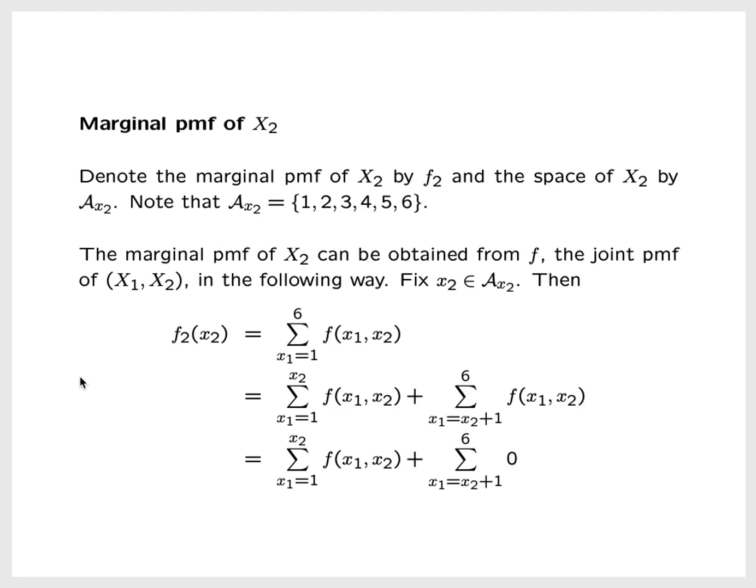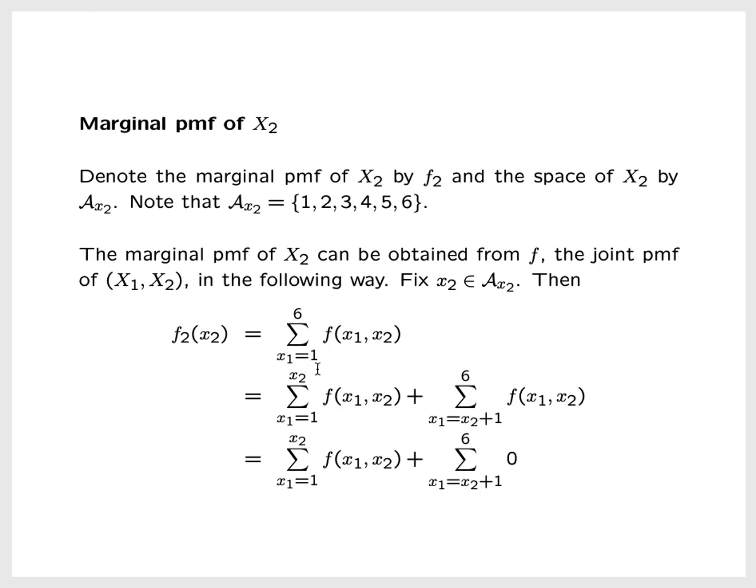Now the marginal PMF of X2, remember that to get a marginal PMF, when we're dealing with discrete random variables, we sum the joint PMF over the variable that we're not interested in. So in this case, we're interested in X2, we're not interested in X1. So we're going to sum the joint PMF over the values of X1 in its sample space.